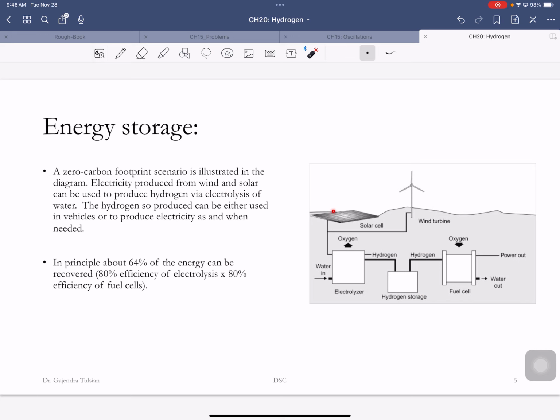You produce electricity using wind and solar. You use this energy, put it in water, and produce hydrogen. So you've stored this energy in hydrogen. And you can store the hydrogen. How long can you store the hydrogen? As long as you want. Yep, forever. And then you can use this hydrogen in a fuel cell. We'll see how the fuel cell works later in the chapter, and produce the electricity whenever you need it.